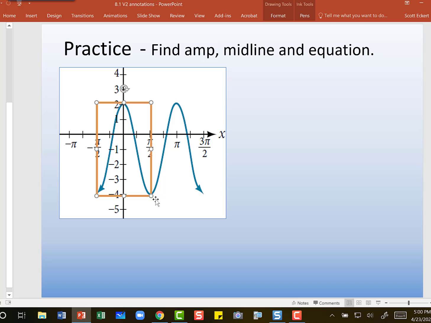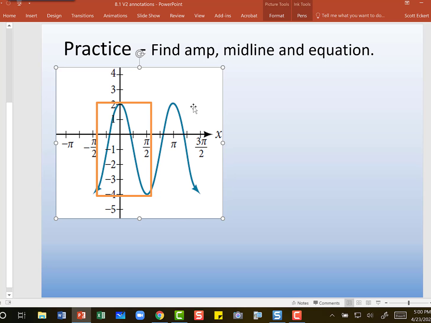And there is an equation for this graph based on that box. The amplitude, the period, the phase shift, all of that can be factored in. However, because the box has been shifted over here on the right side, the box is on the right, which means I have a phase shift. And having a phase shift is going to make it a little bit harder.